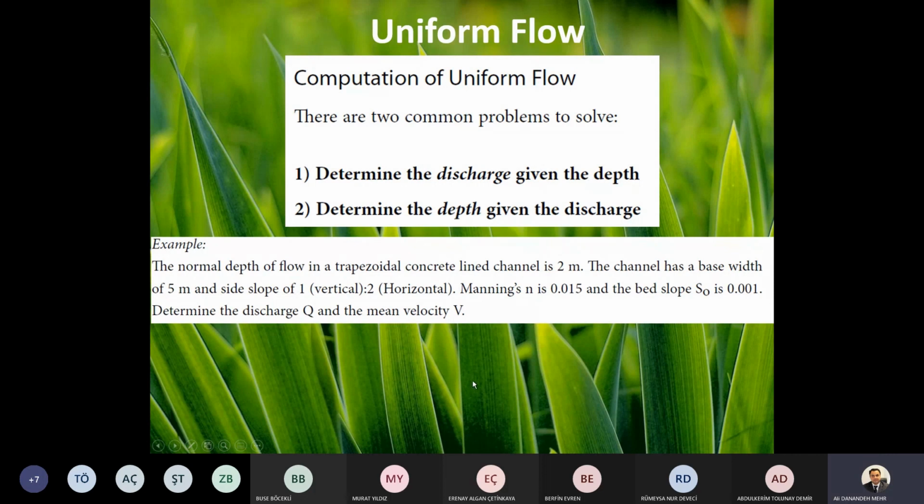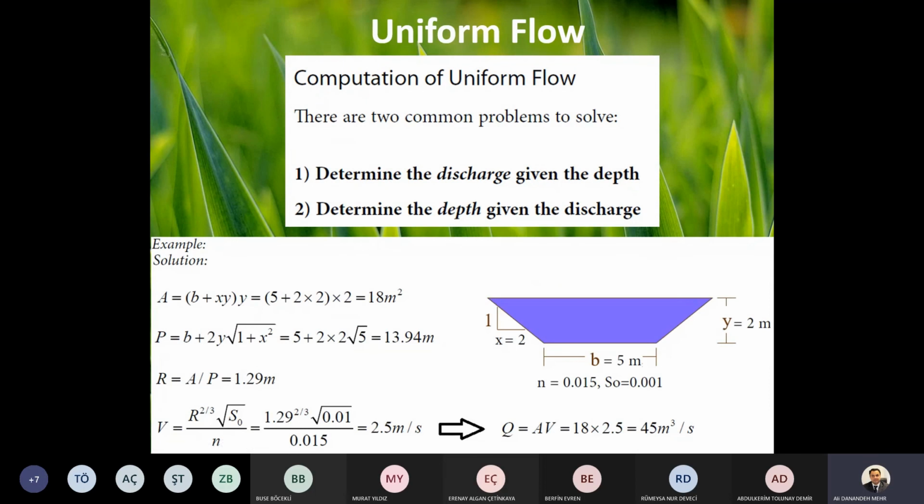Any idea? First one, right? Yes, because we have given depth, normal depth given, and the question asks us to determine discharge or velocity. So let's see how we can solve this kind of problem.